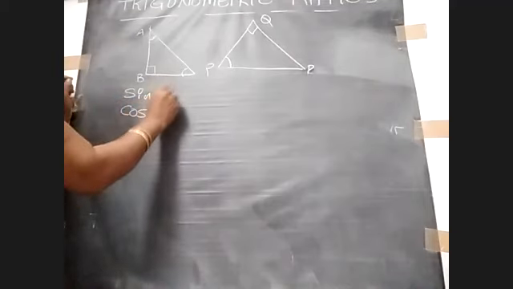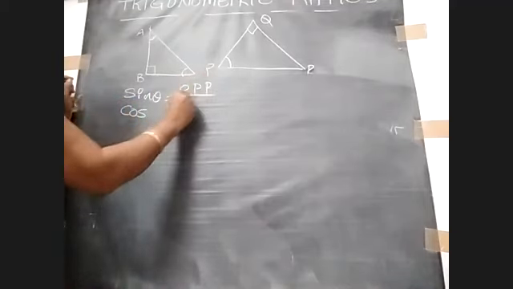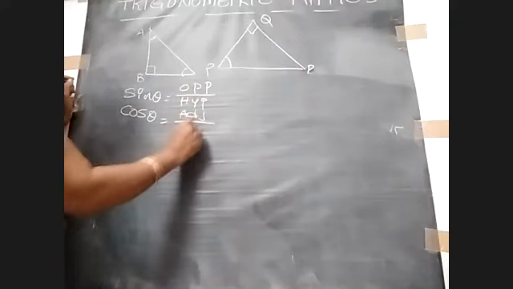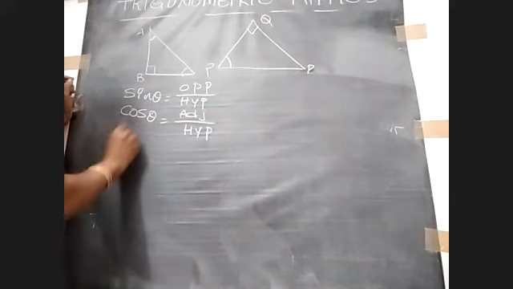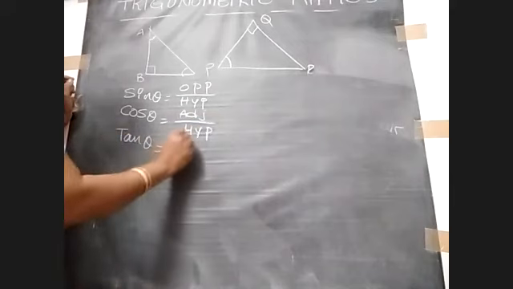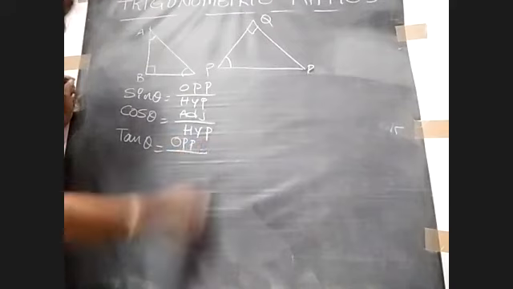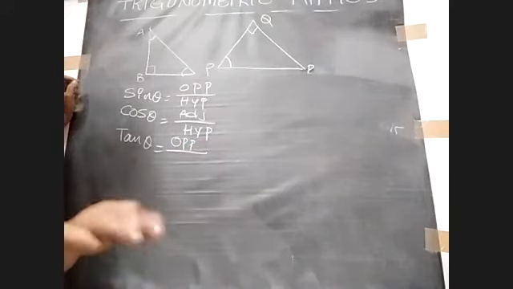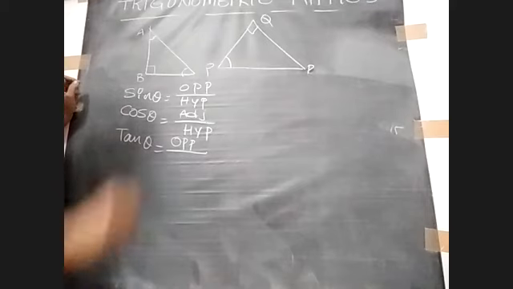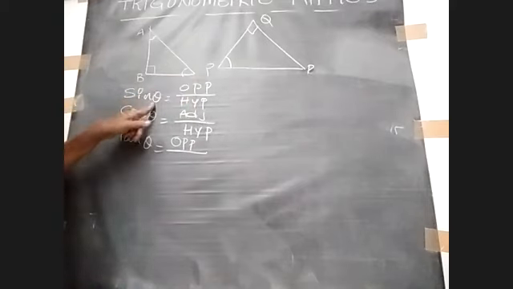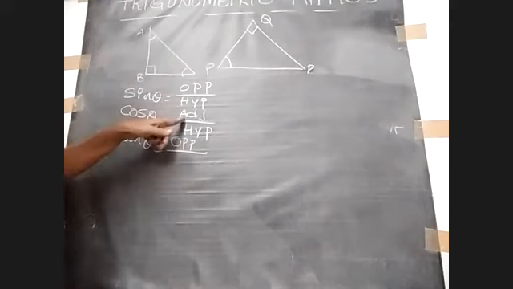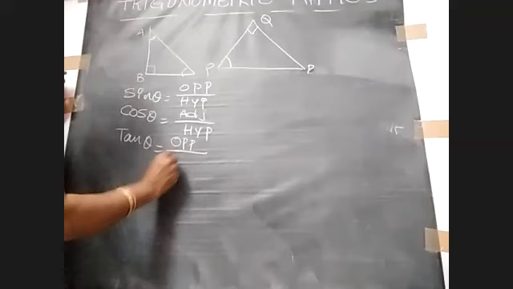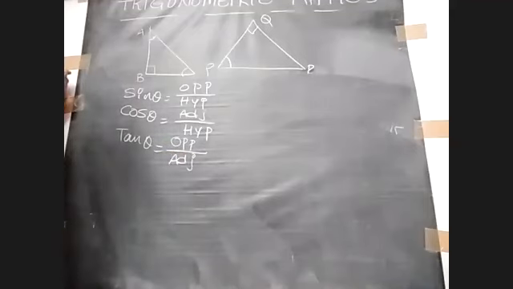Sin theta is opposite side by hypotenuse, and cos theta is adjacent side by hypotenuse, and tan theta is opposite side of the given angle by adjacent side of the given angle. You have to mention the angle here, that is very, very important. Sin theta is opposite side to theta by hypotenuse, cos theta is adjacent side to theta by hypotenuse, and tan theta is opposite side to theta by adjacent side to theta.